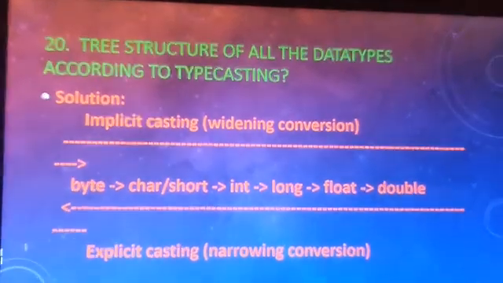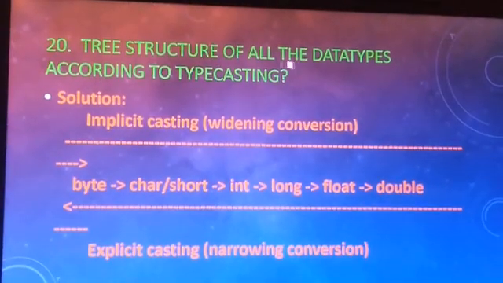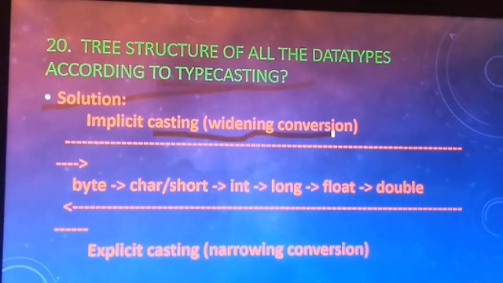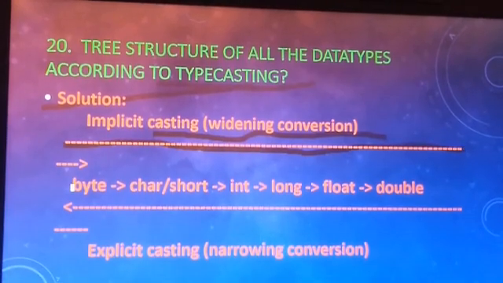20th question is, tree structure of all the data types according to type casting. Solution: implicit casting is widening conversion. First is higher to lower. This line represents higher to lower.